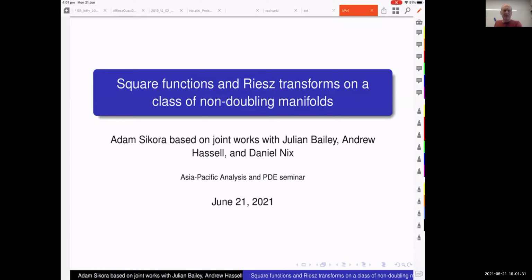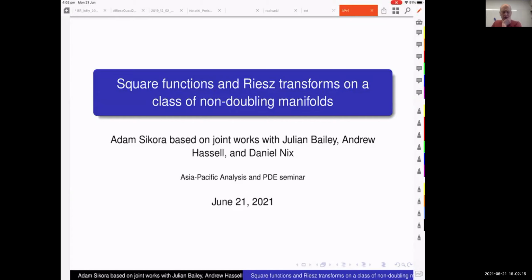So there is a typical harmonic analysis notion of square functions and Riesz transform. What I want to talk about here is a little bit more about the square functions, because this is new. The result about the Riesz transform is probably 2 years old, and I'm interested here in this class of non-doubling manifolds, and trying to develop harmonic analysis for this class of objects.